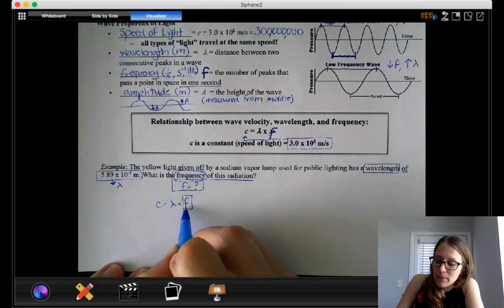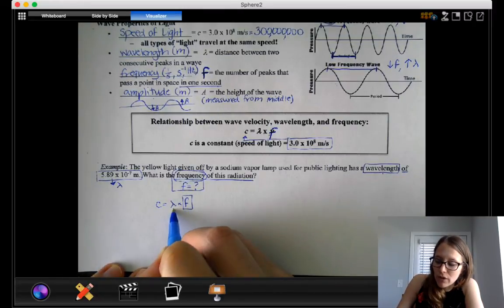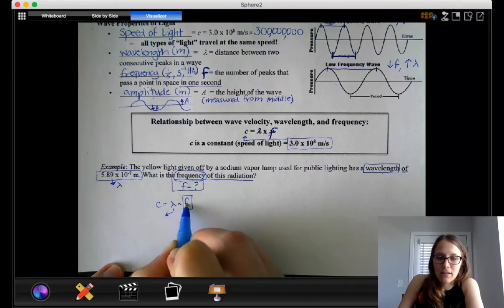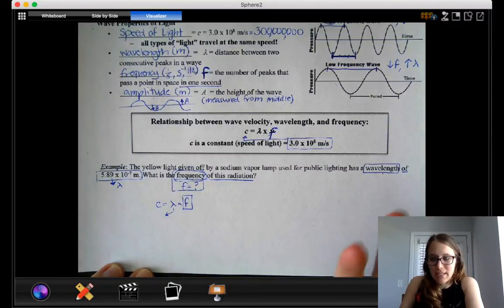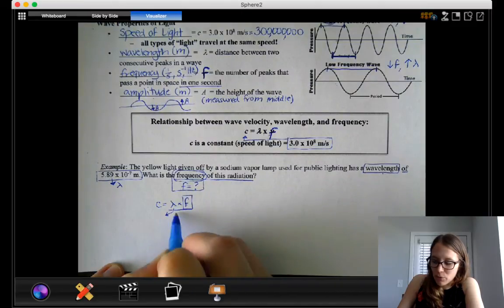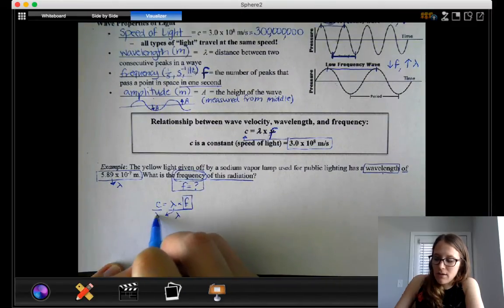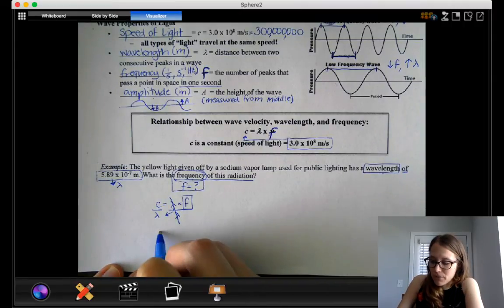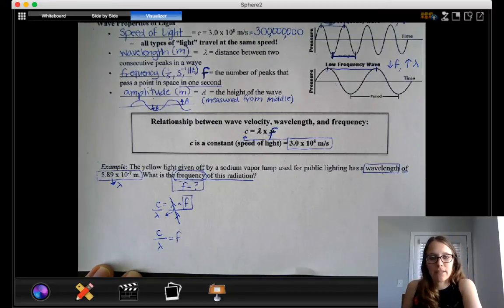In order to get frequency by itself, I need to move the lambda to the other side. Right now, these are being multiplied. So in order to unmultiply, to move it away, we're going to do the opposite of multiplication, which is division of the lambda on both sides to move it to the other side. So c divided by wavelength is equal to our frequency.